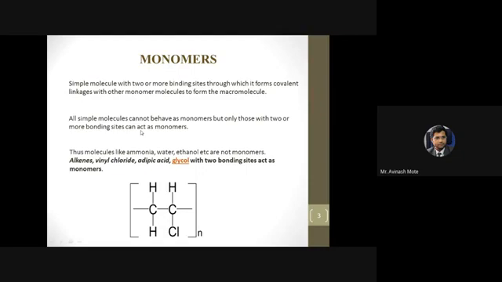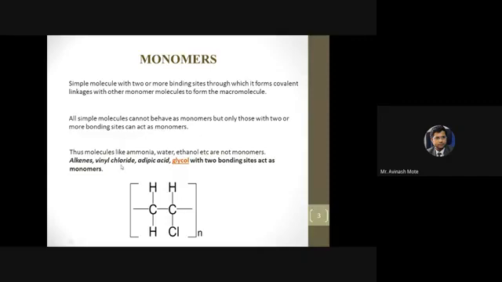Getting it? This monomer will be used when it appears in the form of a chain, and chain formation is possible when there is a possibility of binding, a possibility of covalent bonds, possibility of linkages.